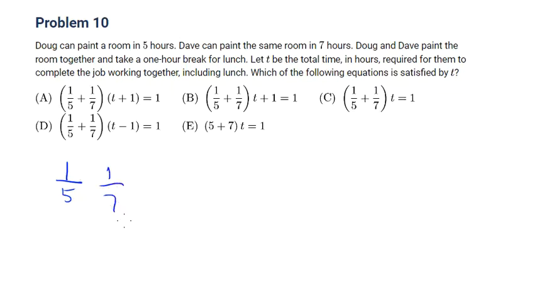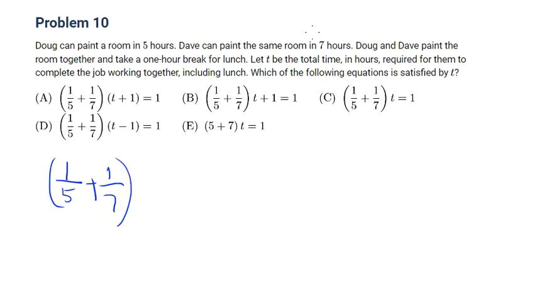They paint the same room together and take a 1-hour break for lunch. If they paint the room together, then their speeds would add up. So it's this, right? They take a 1-hour break for lunch. Let t be the total time in hours required for them to complete the job working together.